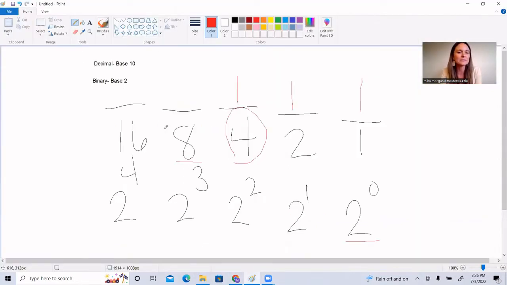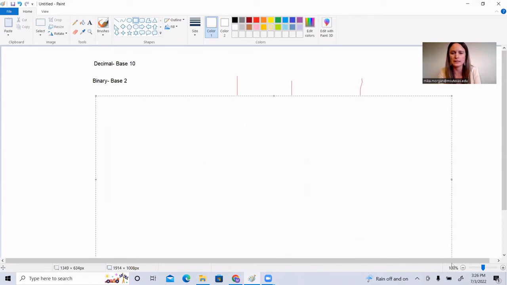Okay. So the final thing that we are going to talk about is base 16, hexadecimal. That's the last number base that we have. I'm going to try and clear my little screen off again.